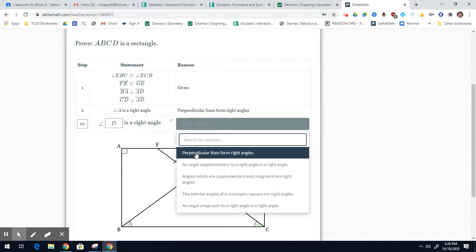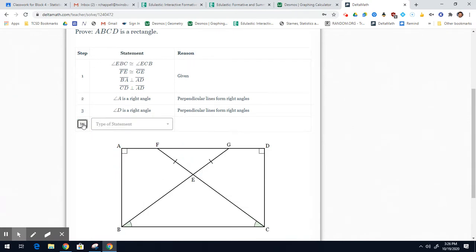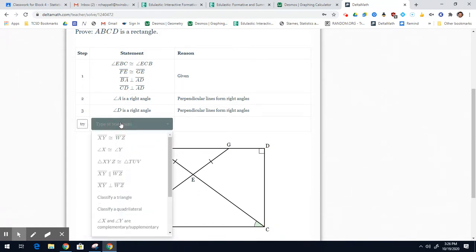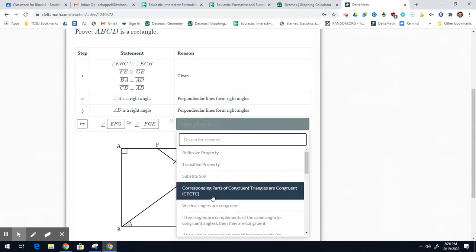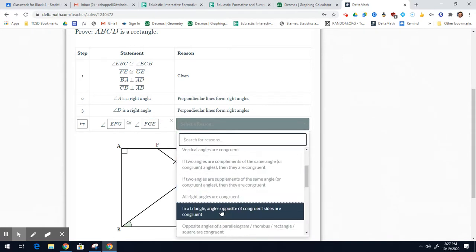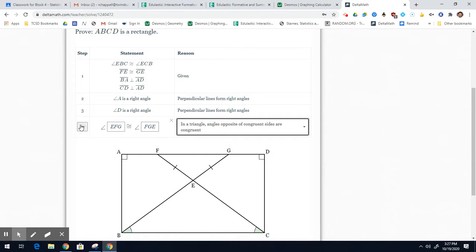Perpendicular lines. Okay, so now let's go on to this whole isosceles triangle thing. So FE and GE are congruent. So now I know that these two angles, let's call them EFG and FGE, are congruent. And that's because of the isosceles triangle theorem. If two sides are congruent, then two angles are congruent.